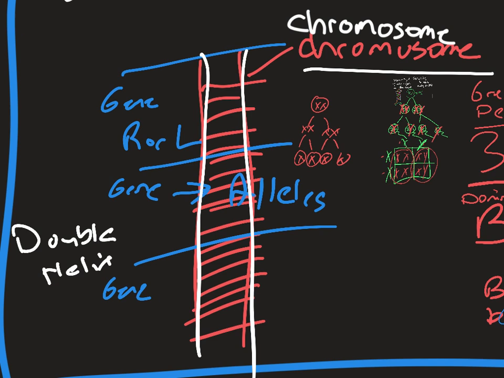One section of DNA is what we call a gene. And every single gene out there has different possibilities. Actually, I shouldn't say that. Not every single gene.